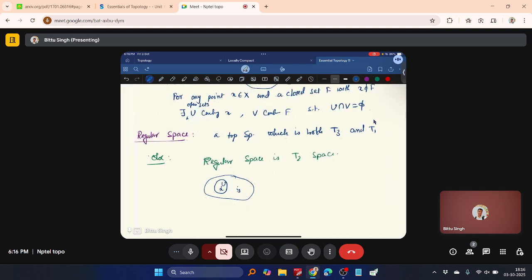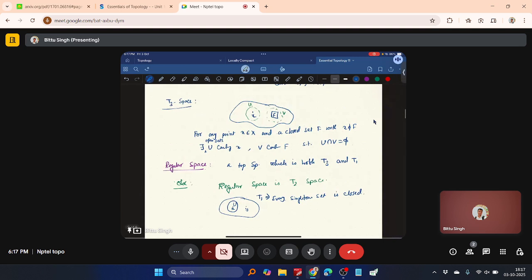So if we use this property, then we can prove that every singleton set is closed. T1 will imply every singleton set is closed. Now, because every singleton set is closed by the T1 property, let us use T3.